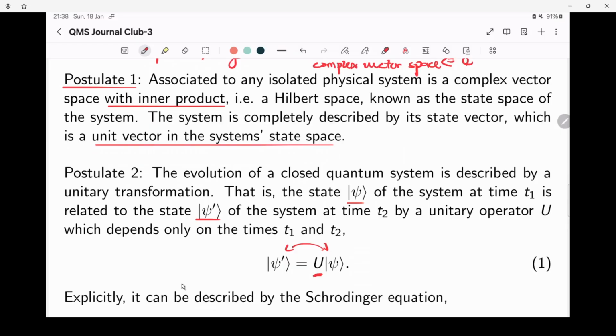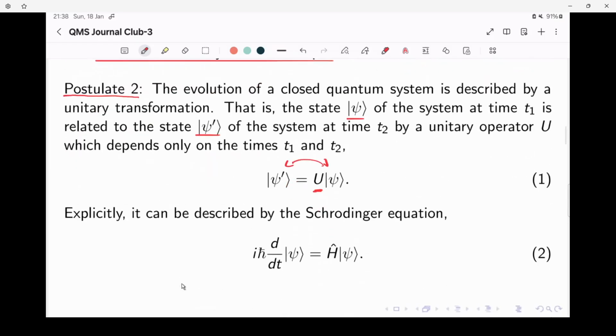This probably is not covered in undergraduate quantum mechanics if you study from the Schrodinger equation perspective. Equation 1 is actually the same as equation 2, except that in equation 2 you use wave mechanics, but in equation 1 you use the matrix formalism. So they imply the same thing.